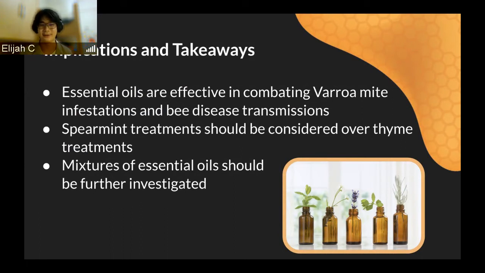But as for now, at the current state of our model, we know for sure that we can say, based off of our model, that essential oils are effective in combating varroa mite infestations and somewhat preventing bee disease transmission as well. And we also found that if you had to choose between thyme and spearmint, spearmint treatments would most likely be the most effective in terms of keeping the varroa mite infestation damage as low as possible.